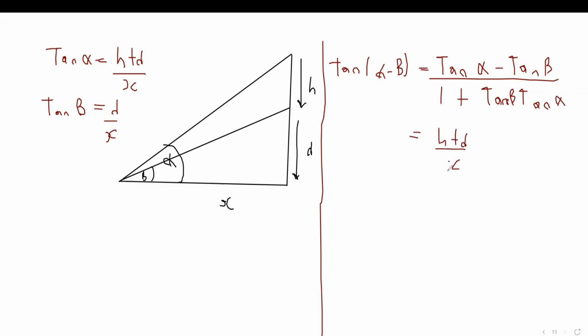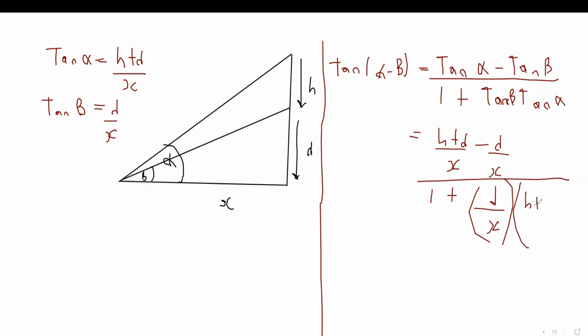Then we minus tan beta. Tan beta is d over x. And this is being divided by 1 plus tan beta, which is d over x, times tan alpha, h plus d over x. Literally, it's algebra.